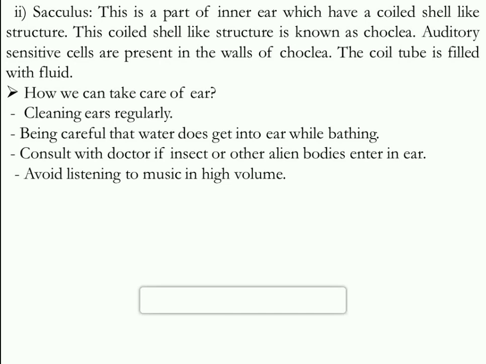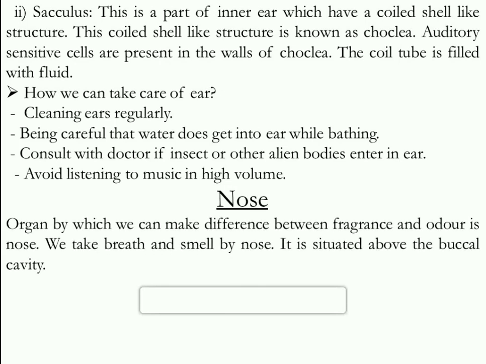Let us learn about another sensory organ of our body, and that is the nose. Why do we use the nose? Actually, the nose is an organ which makes the difference between fragrance and odor.